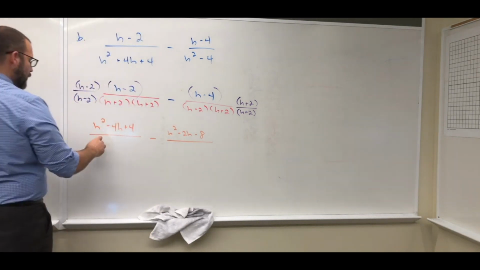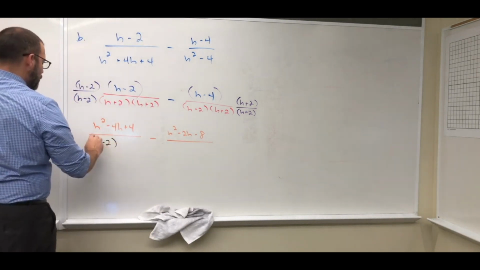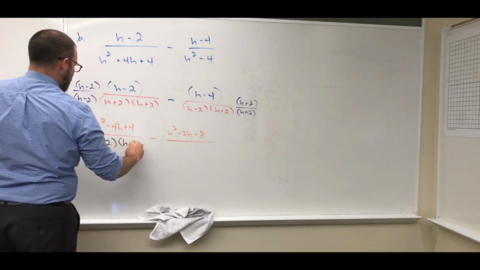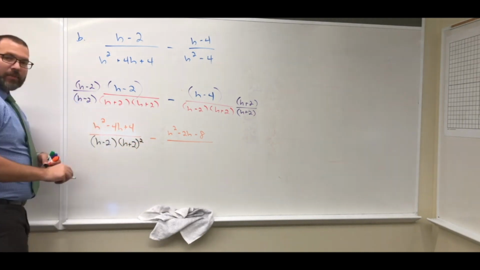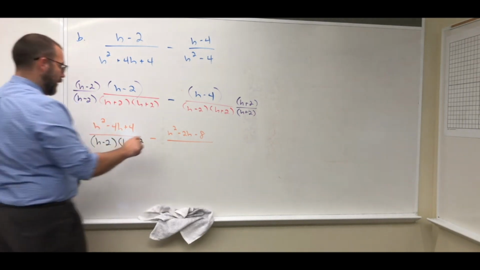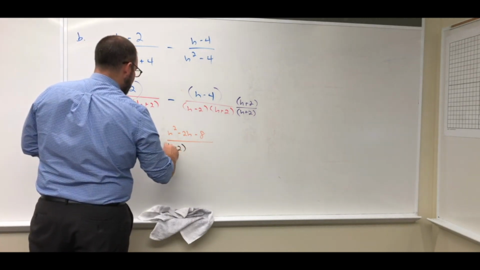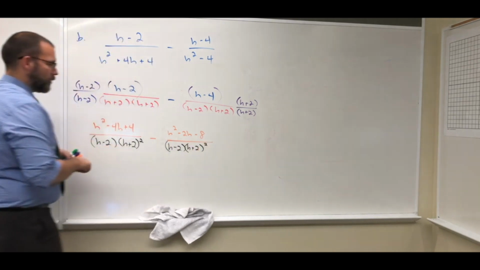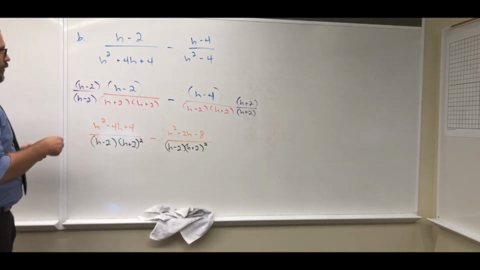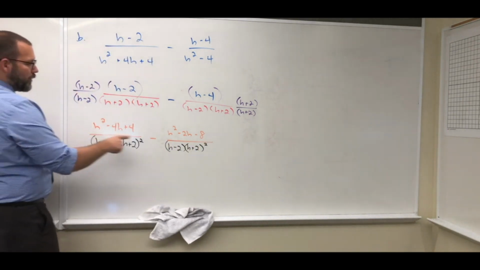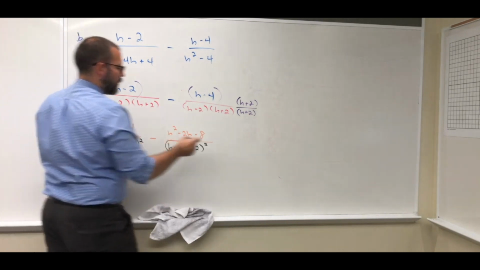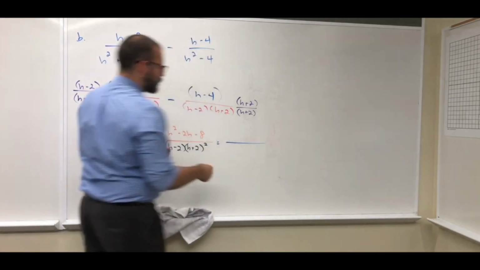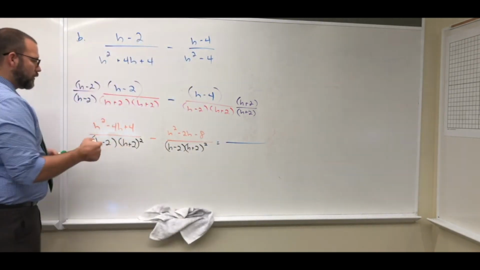And the whole thing is over our common denominator, which I'm going to abbreviate a little bit. I'm just going to write it as h minus 2 times h plus 2 squared, because I used 2 of the h plus 2 factors. So that's what that ends up looking like. From here we want to do our subtraction. H squared minus h squared is 0h squared, which we don't need to write down, it's just nothing.